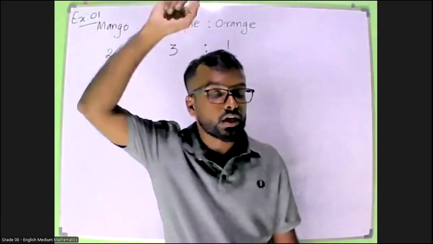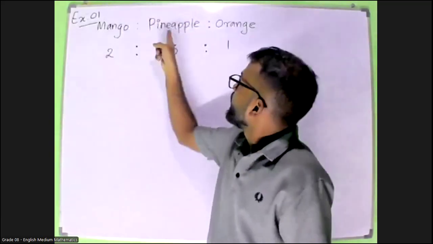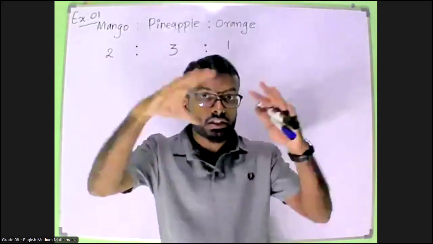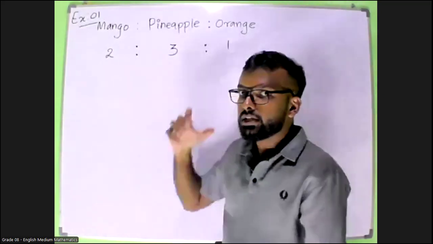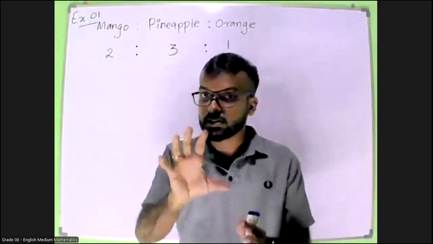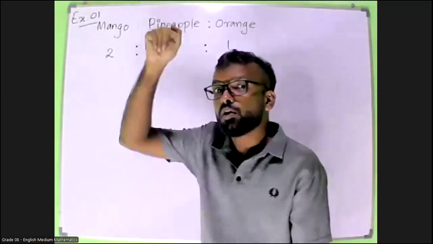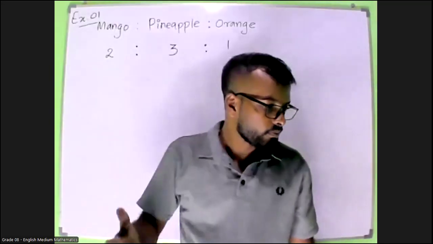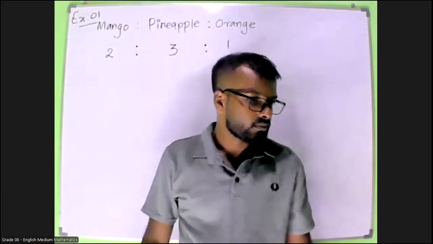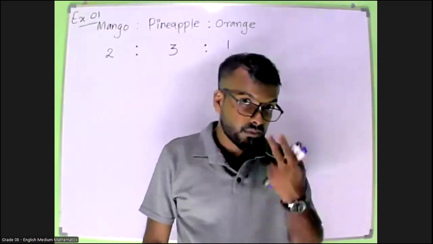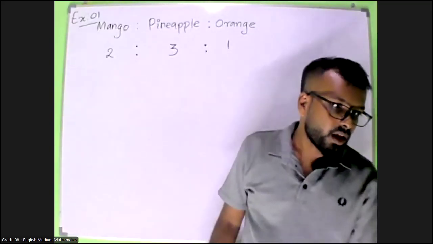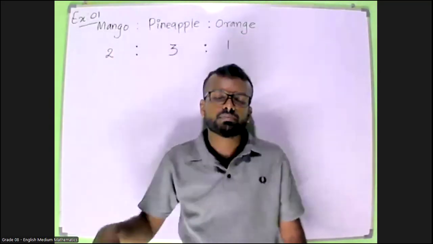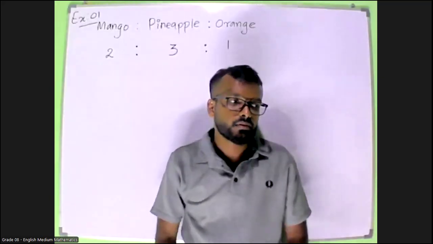Can you remember what I told earlier, how to find the fraction of mango, pineapple and orange? Okay. Now in the mixture we have 6 parts. That is the biggest one. How many mango parts are there in that total 6? 2 parts.